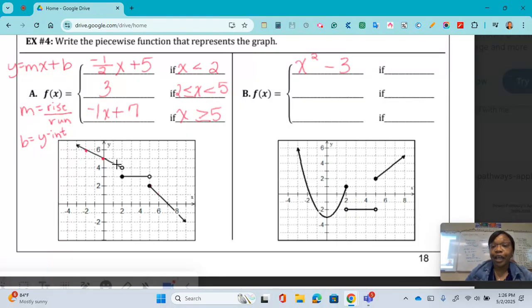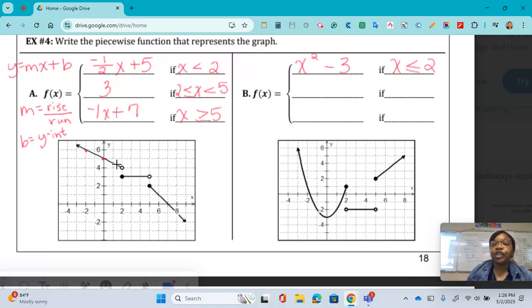Less than. X is less than what x value? 2. Do I put a line under my inequality? Yes, because it has a closed circle at 2.